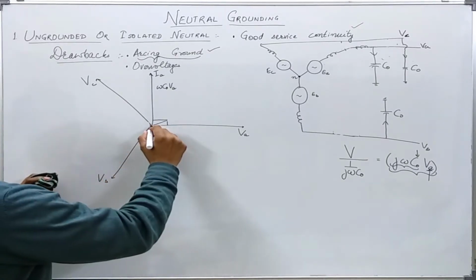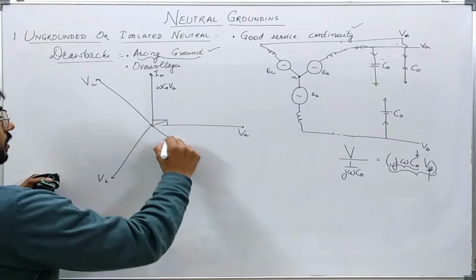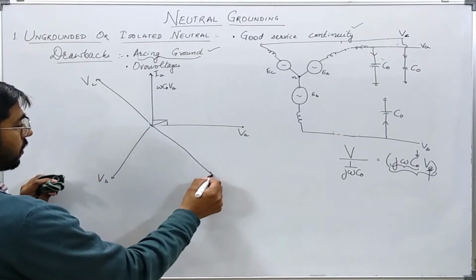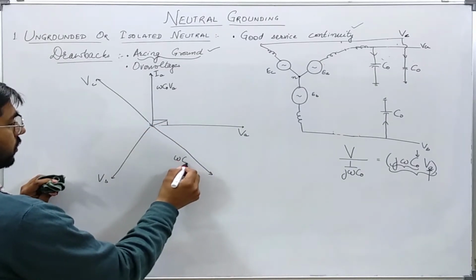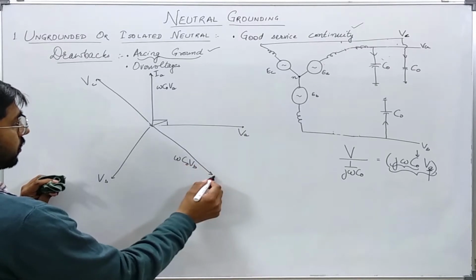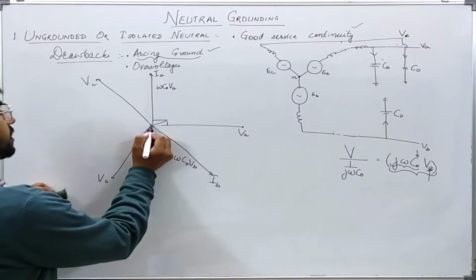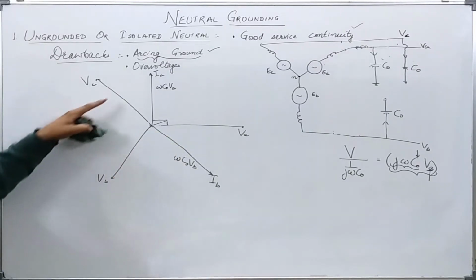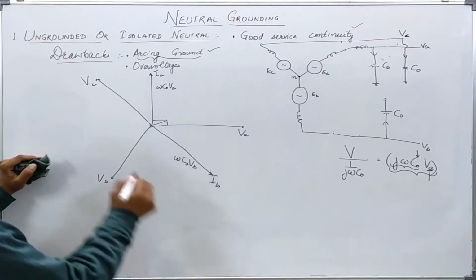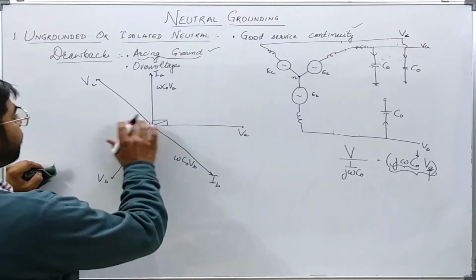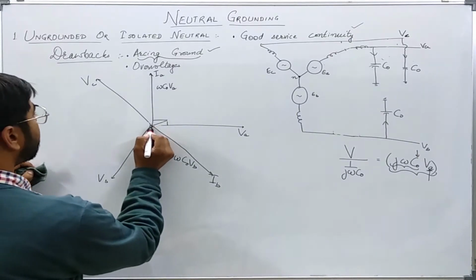The current will lead VB by 90 degrees. Similarly, for VC, the current will lead VC by 90 degrees.